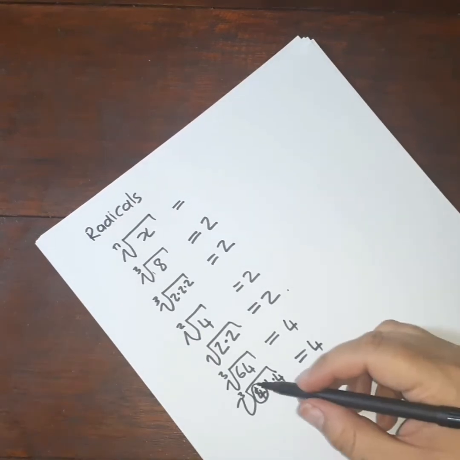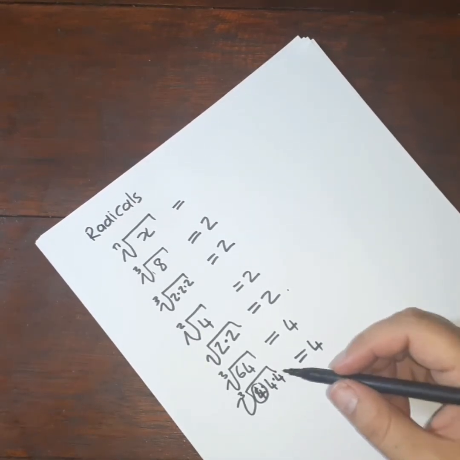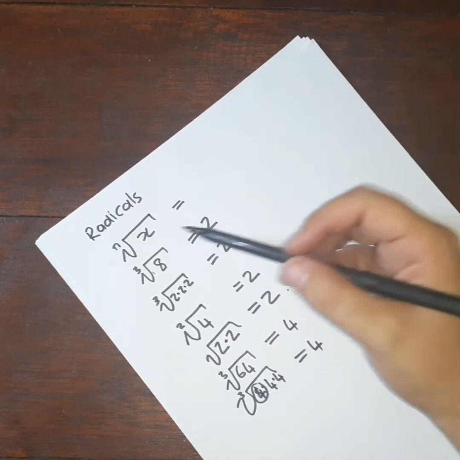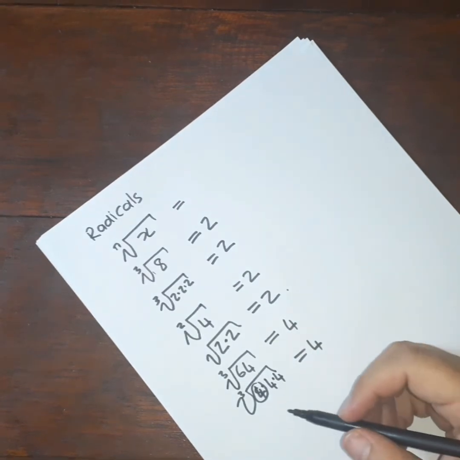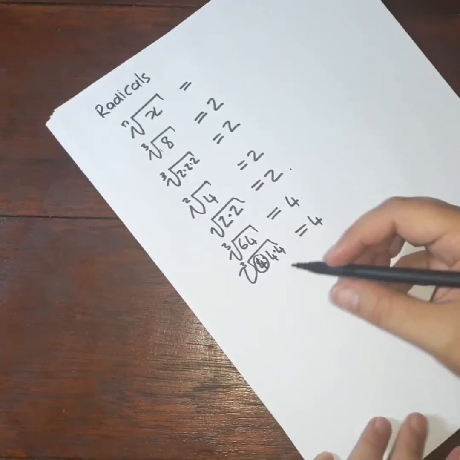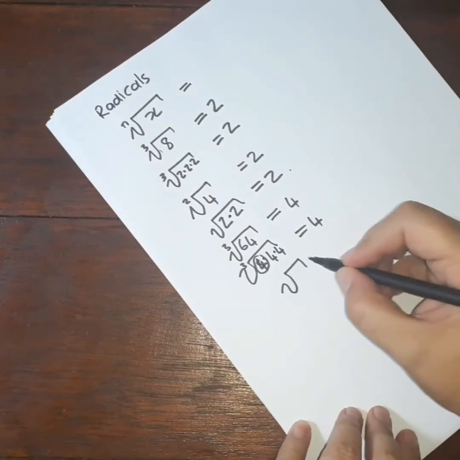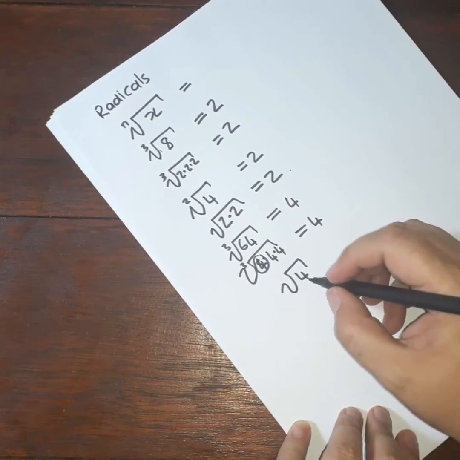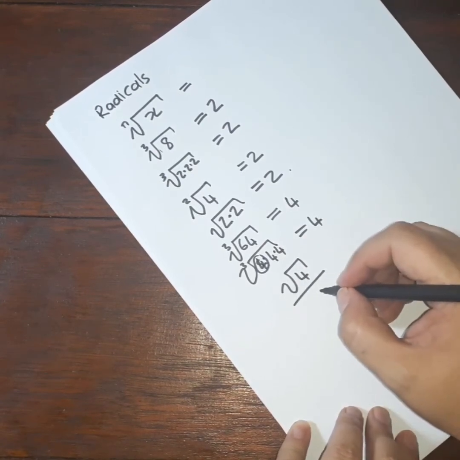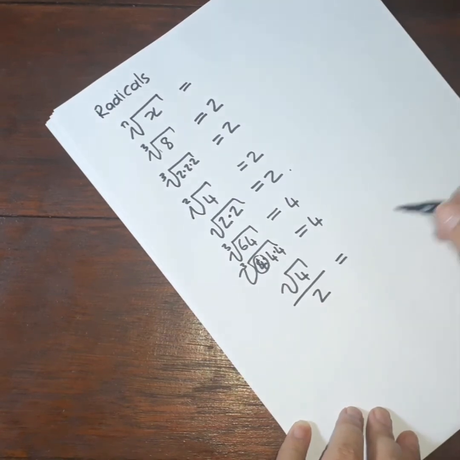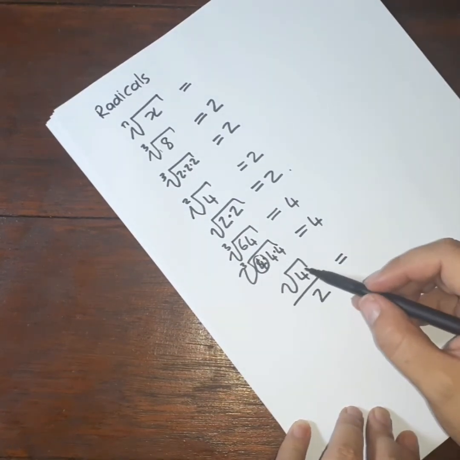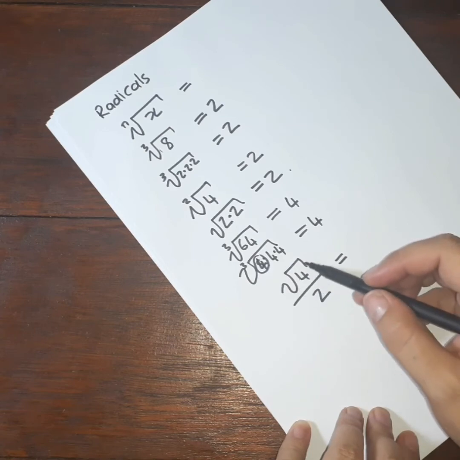So the radical sign only applies to the number that is directly under the radical sign. So for instance, if I look at the square root of 4 divided by 2, the radical sign only applies to the 4.